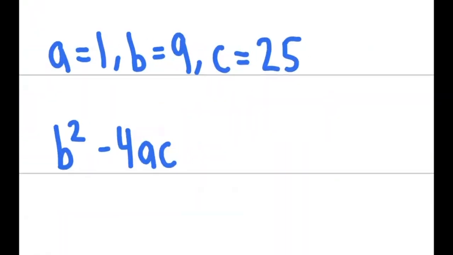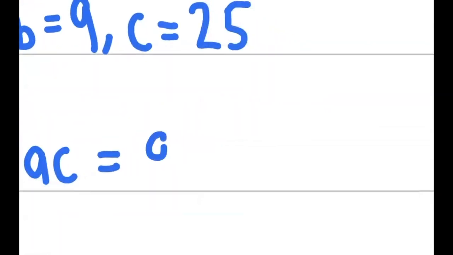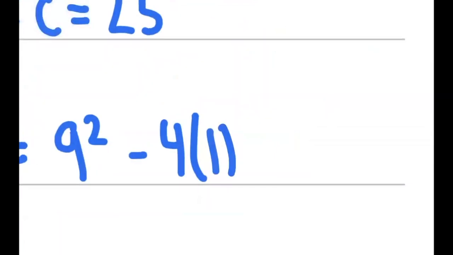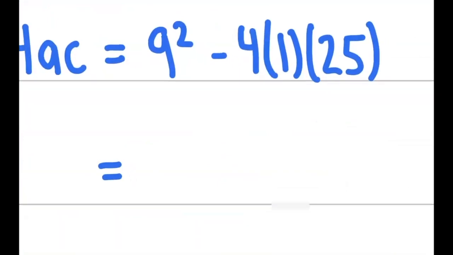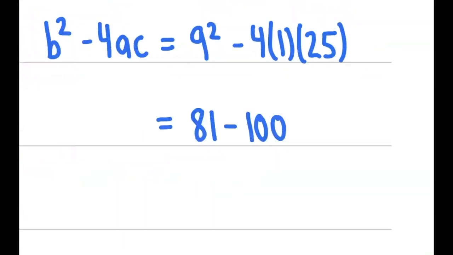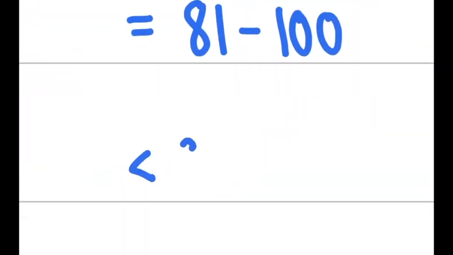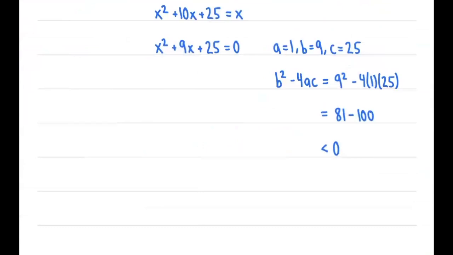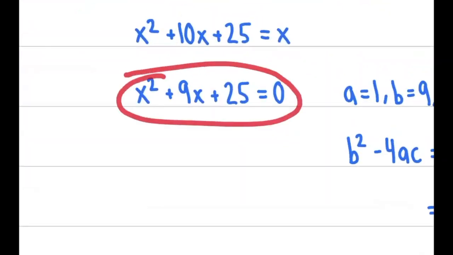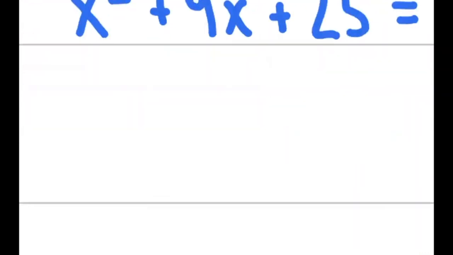So b squared minus 4ac is 9 squared minus 4 times 1 times 25. 9 squared is 81, and 4 times 1 times 25 is 100. And 81 minus 100, I don't even care what that is. The only thing I care about is that it's less than 0. It's negative. And when the discriminant is negative, that means this quadratic equation has no real solution, just as I thought.